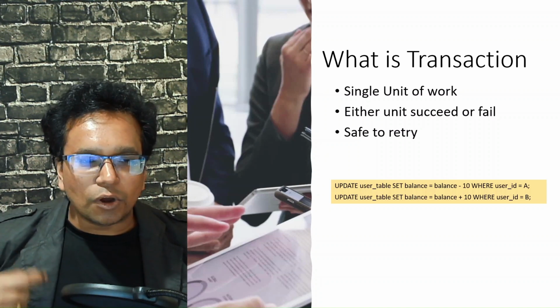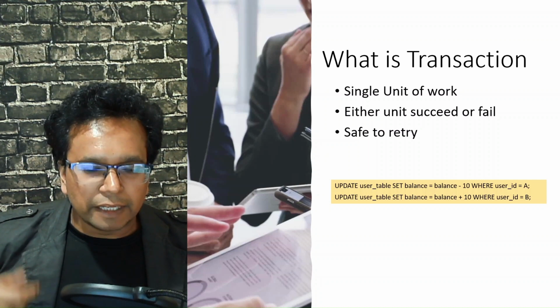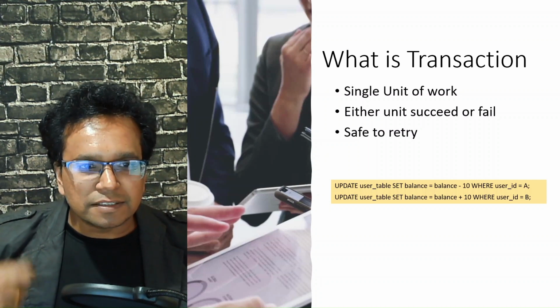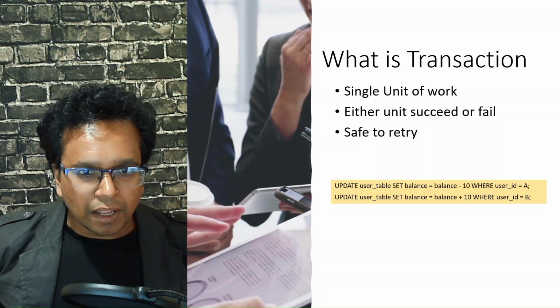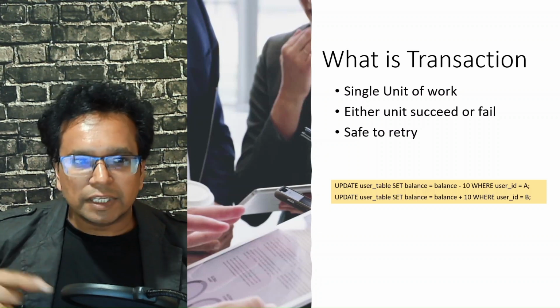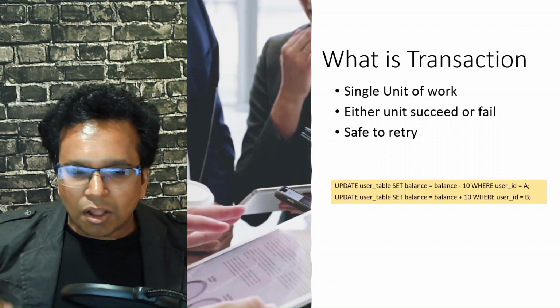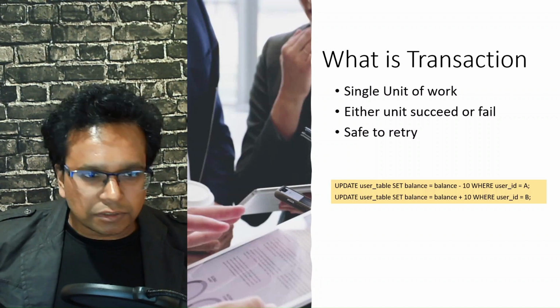So now if the transaction fails, I can safely retry and nothing bad will happen. Previously, if we kept on trying multiple times, that $10 would just vanish into thin air.